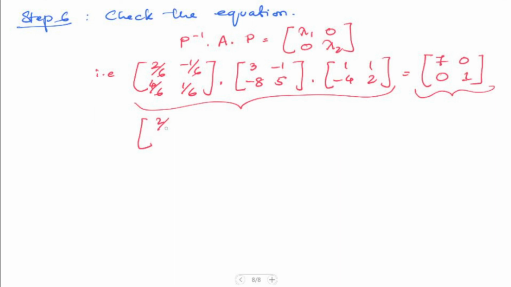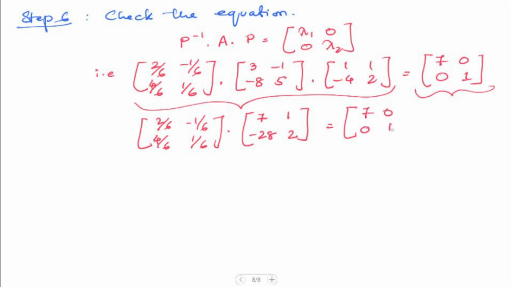So here I have 2 over 6, 4 over 6, minus 1 over 6, and 1 over 6 times, if I multiply these two here, I get 7, 1, minus 28, 2, and that is equal to, we're saying, 7, 0, 0, 1.